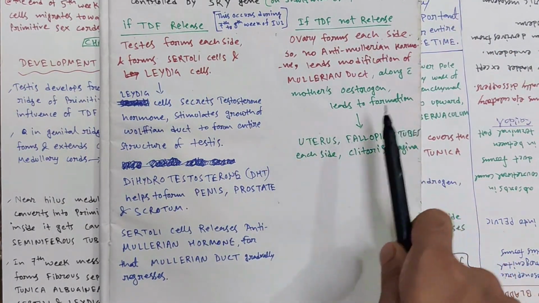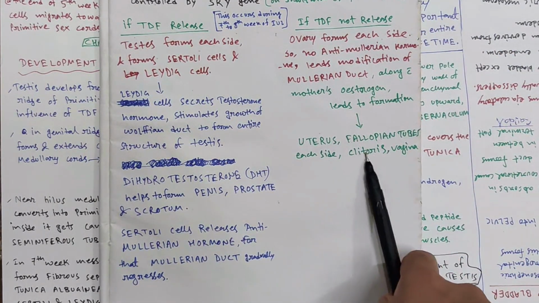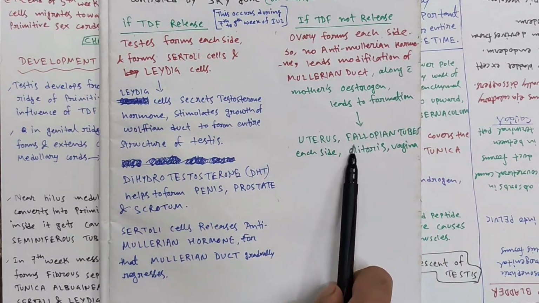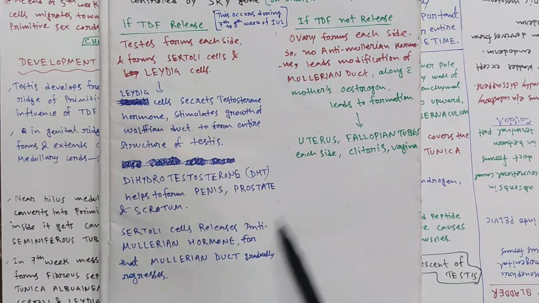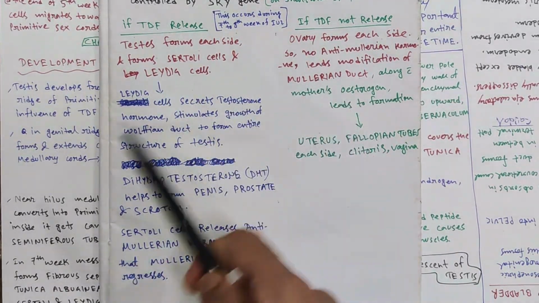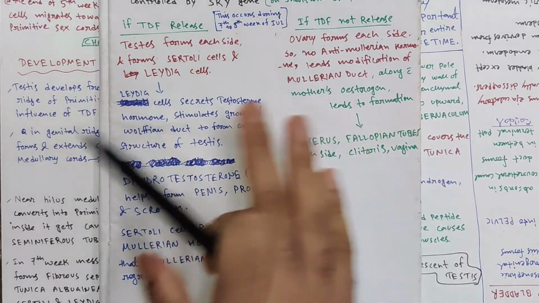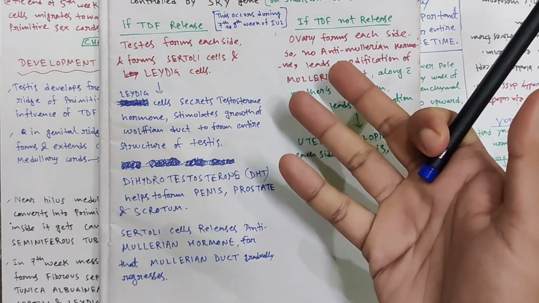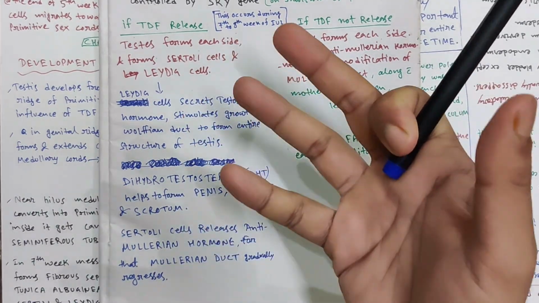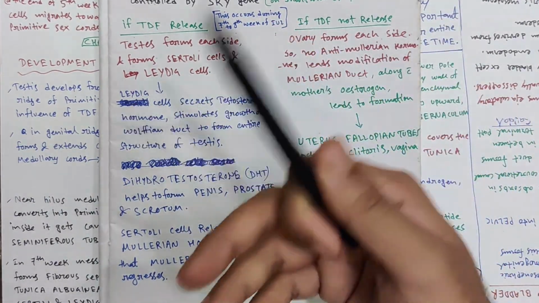It forms the right and left fallopian tubes. It forms the clitoris and the vagina. All these anatomy things I told you in my earlier videos. The testis, penis, prostate, scrotum, all this anatomy I told you in my earlier videos. You know everything about these normal basic things. And this is the overall basic point of embryology: how the determination of the sex of the zygote occurs.